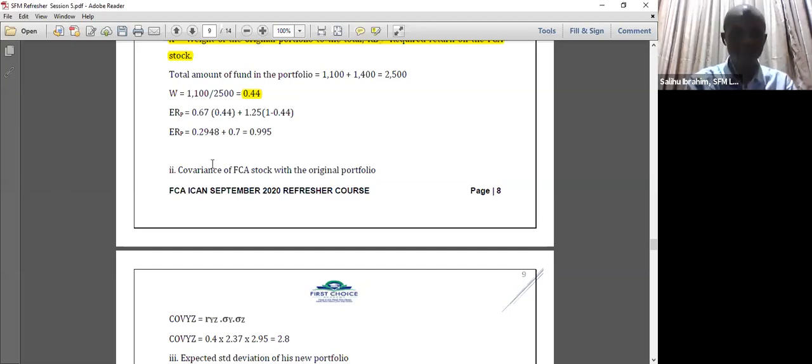To that tool now, we want to measure covariance of FCA stock with the original portfolio.